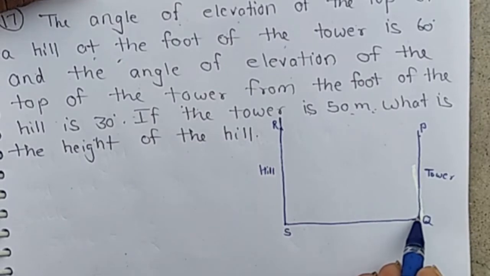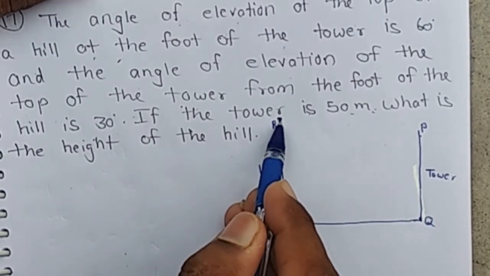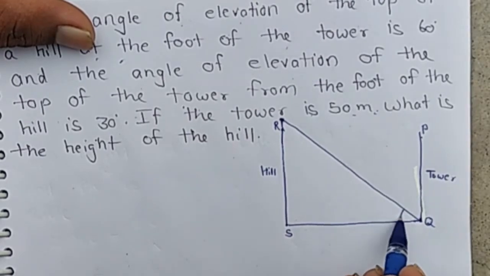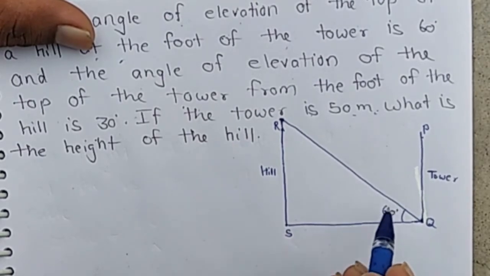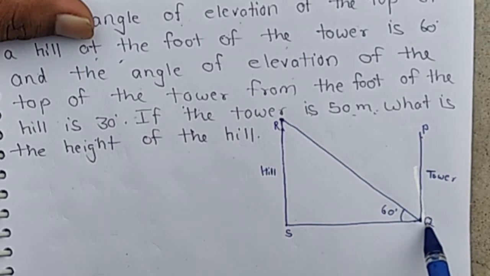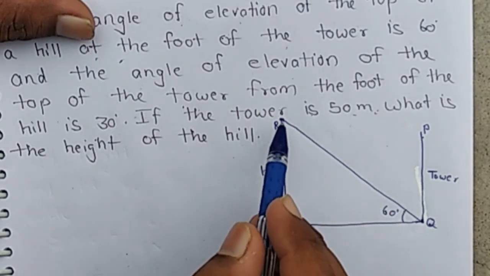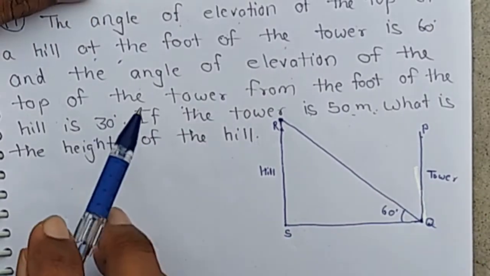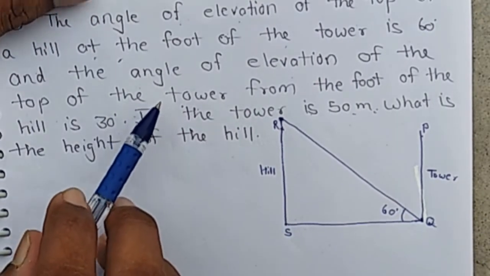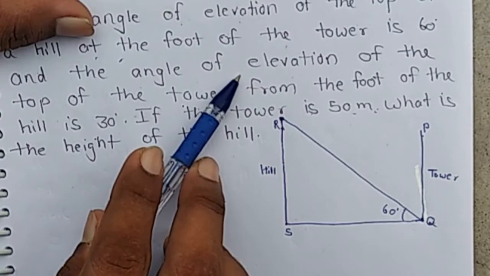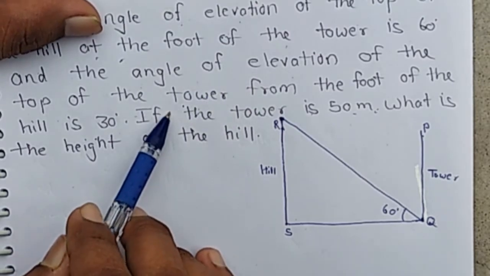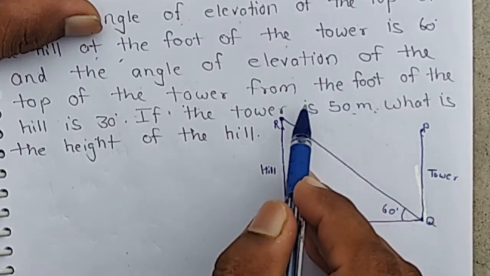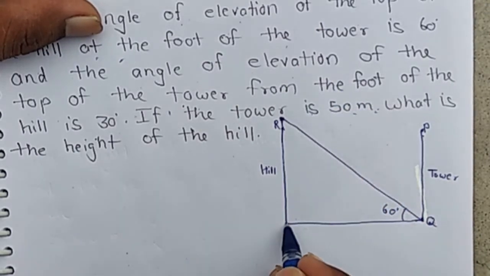From the foot of the tower, the angle of elevation of the top of the hill is 60 degree, and the angle of elevation of the top of the tower. Where is the top of the tower? It is P. From the foot of the hill is S.